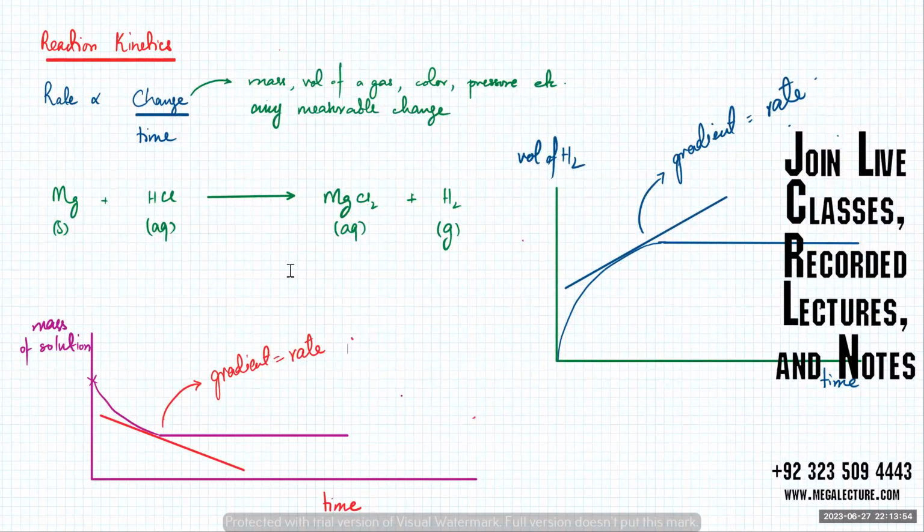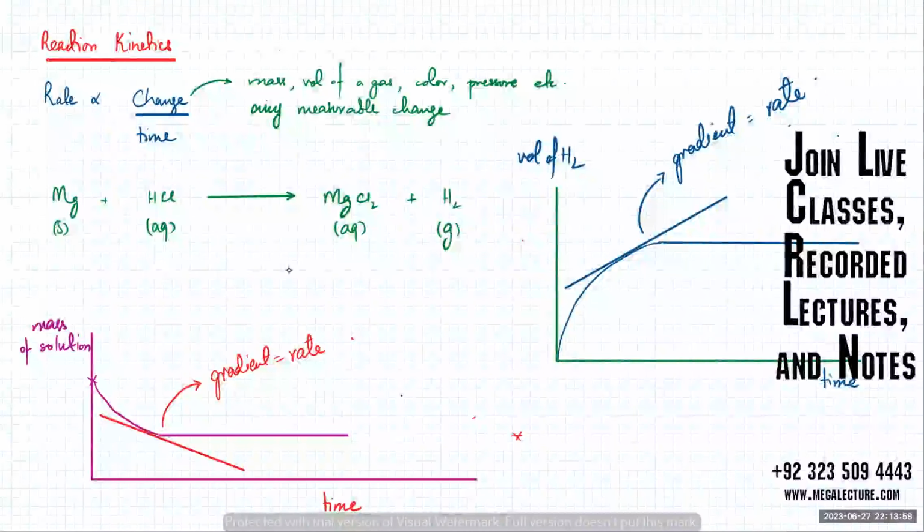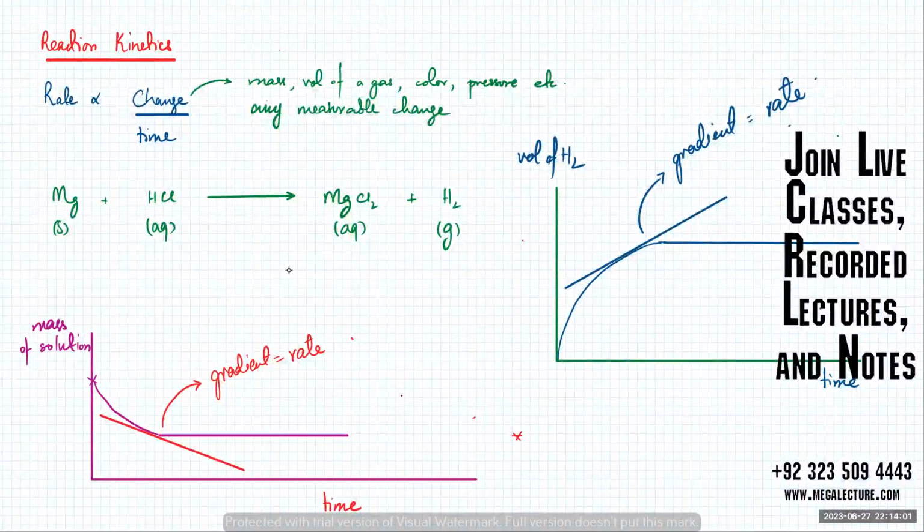So the first point is that it doesn't really matter whether it's a negative tangent or a positive tangent. So increasing change or decreasing change is irrelevant.